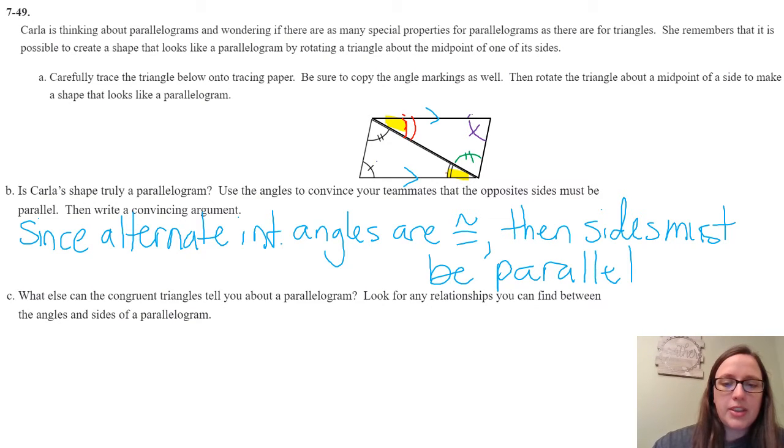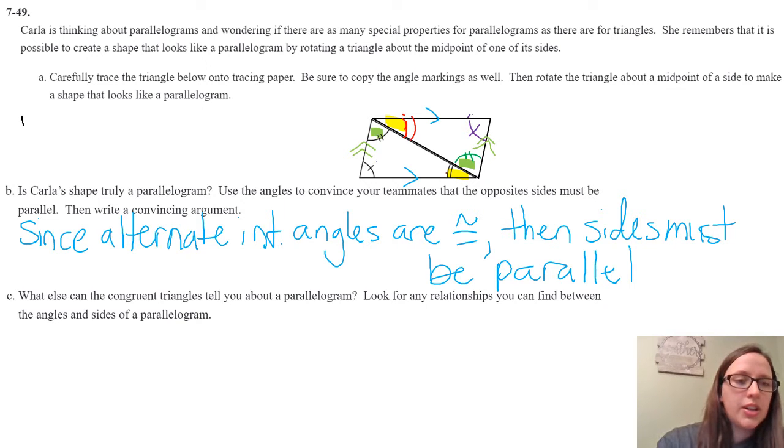All right, and then we can make the same argument for the other pair of sides. Since this angle and this angle are alternate interior, those opposite sides are also parallel to each other. So then we know that we just made a parallelogram. That's the definition of a parallelogram. Opposite sides are parallel. I'm going to go ahead and write that down.